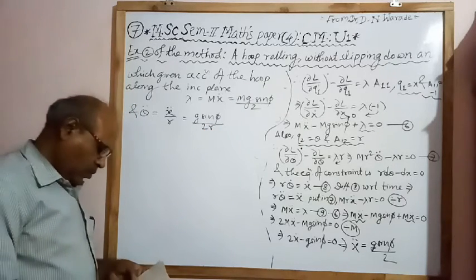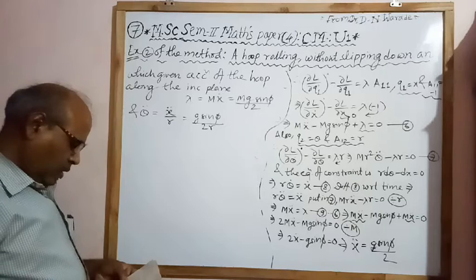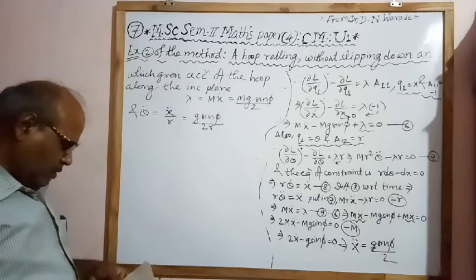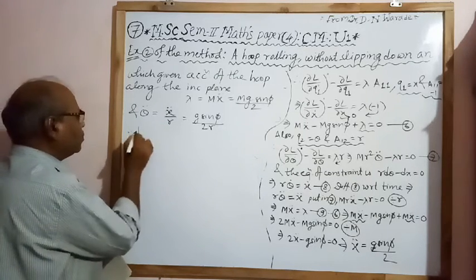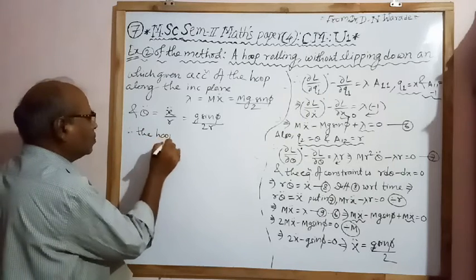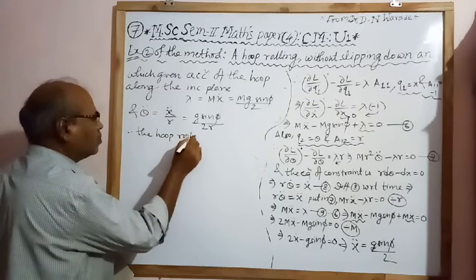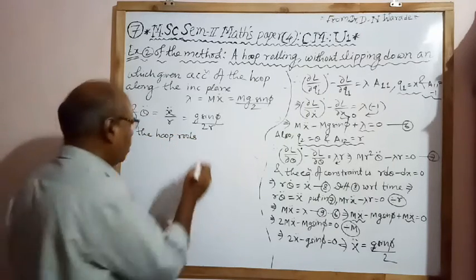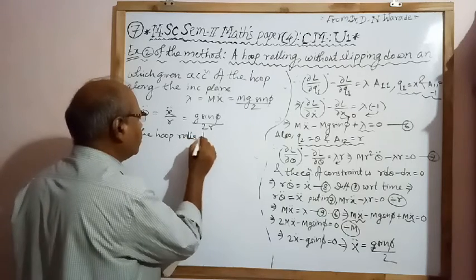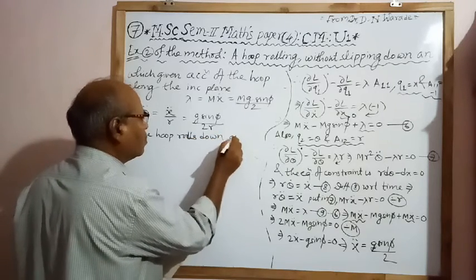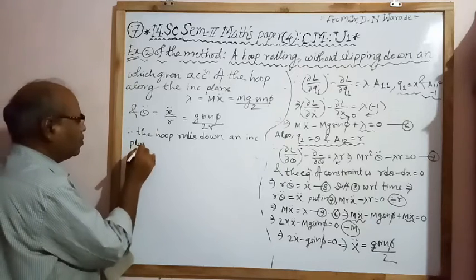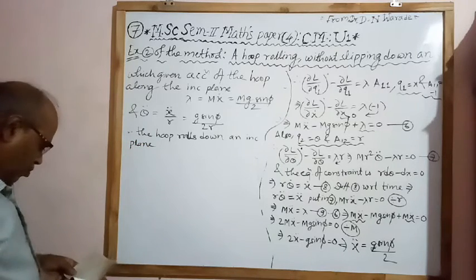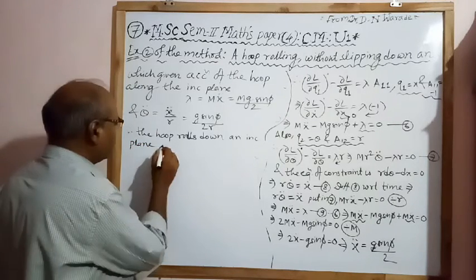Therefore, the hoop rolls down the inclined plane with only 1/2 the acceleration.